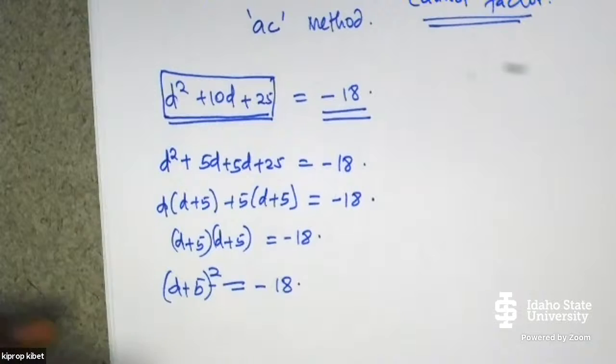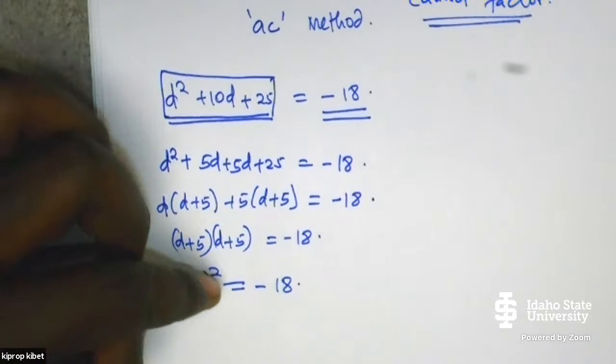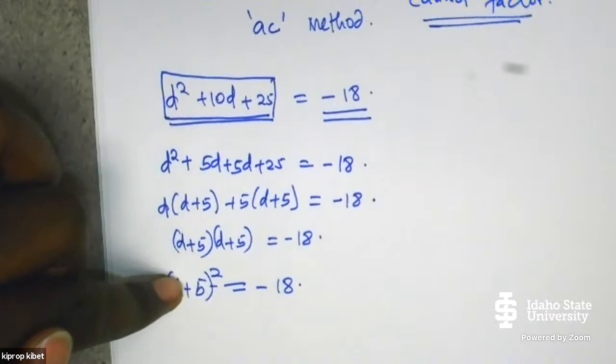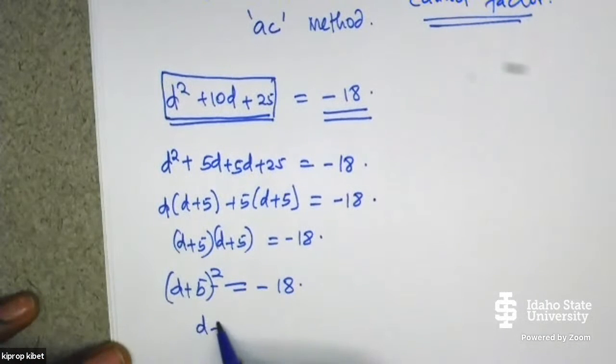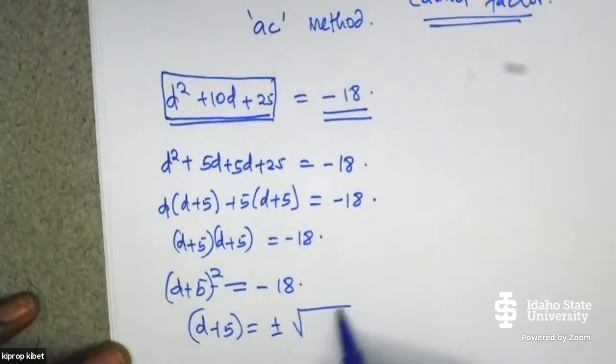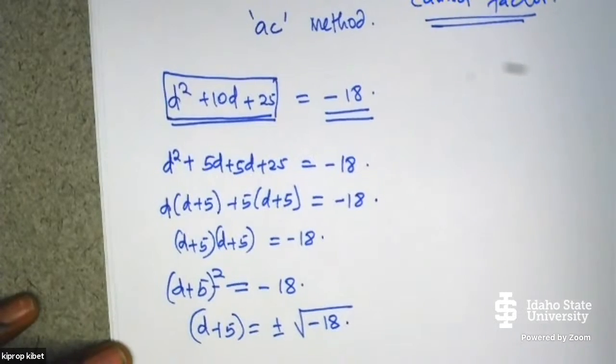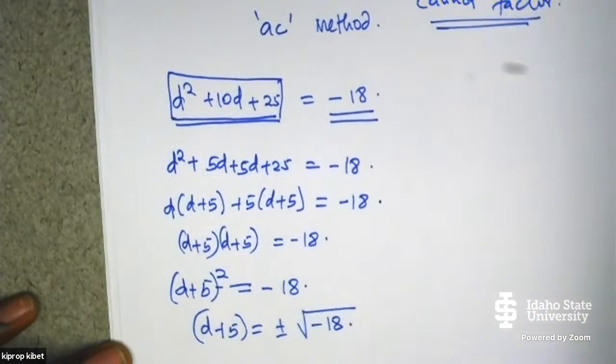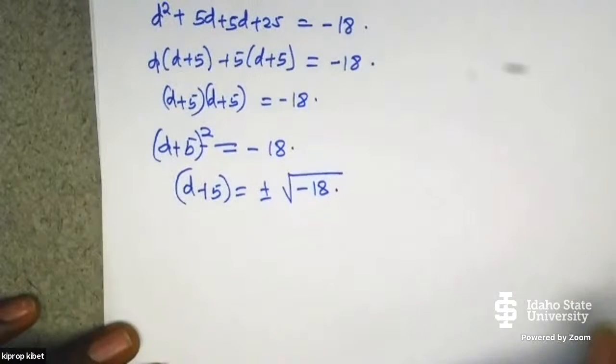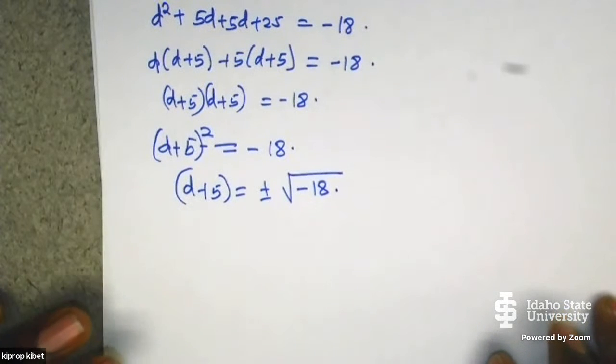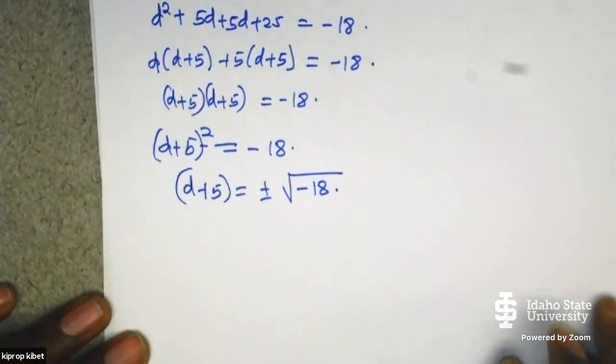Right? Now, from here, we can use the square root. So d plus 5 equals to plus or minus the square root of minus 18.